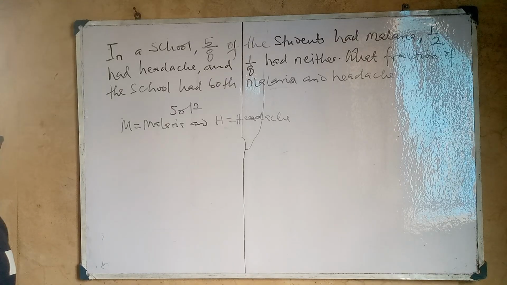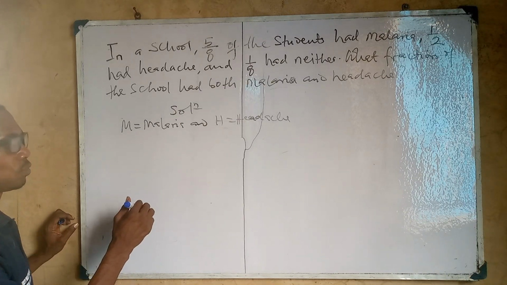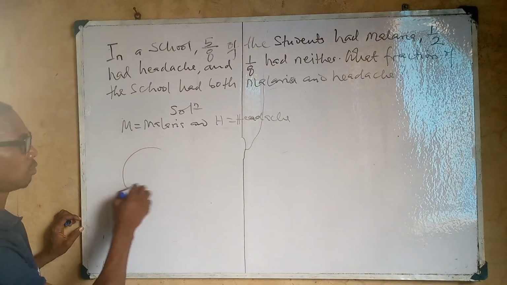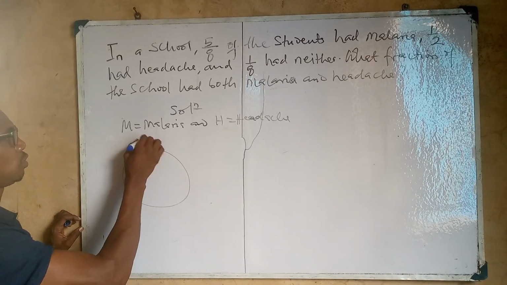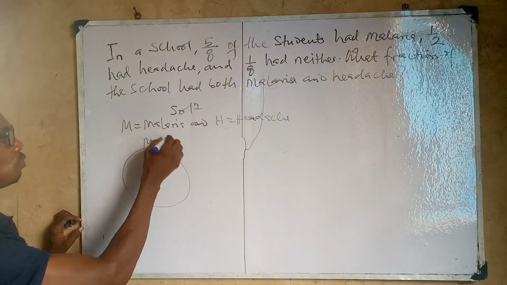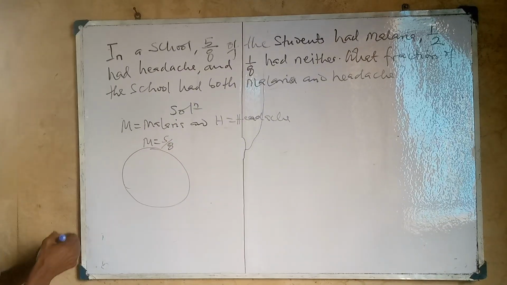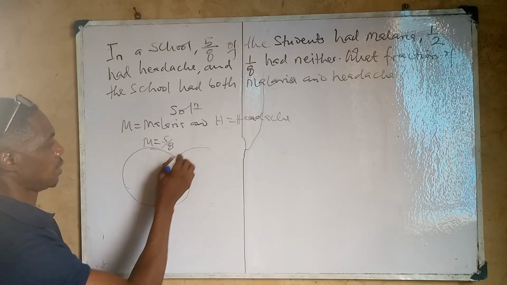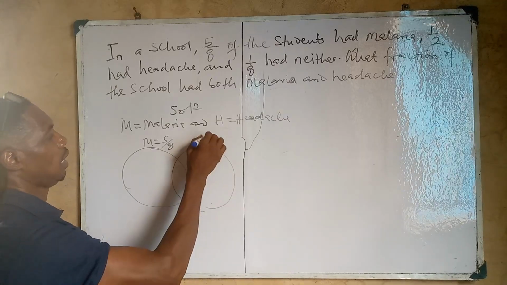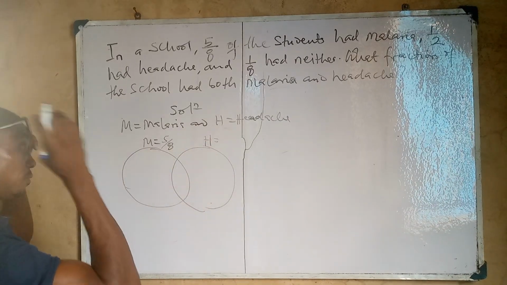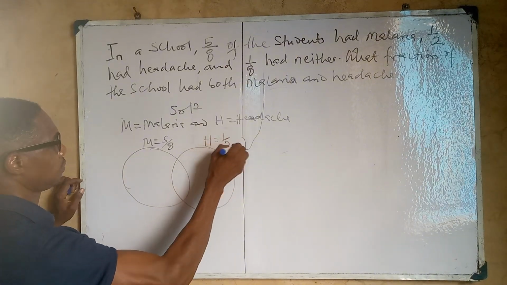Now, if you're conversant with sets, we can use a Venn diagram. This is for malaria, which is equal to 5/8, and we have headache, which is half.